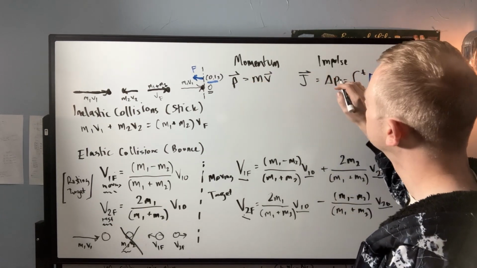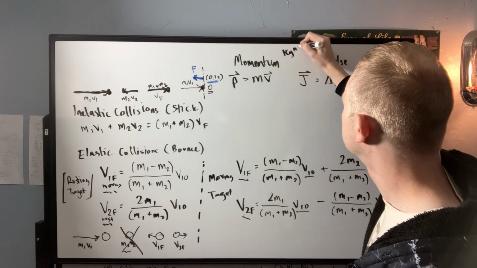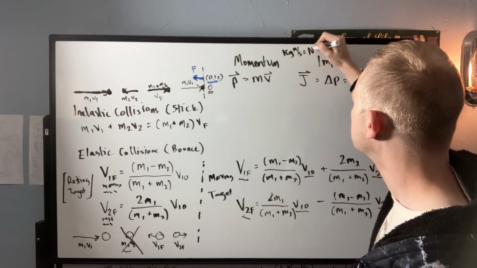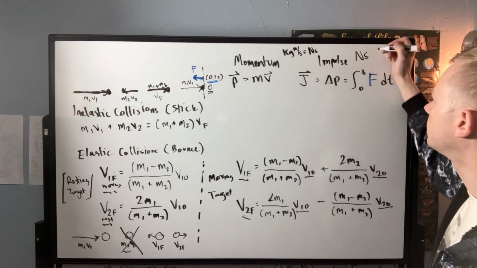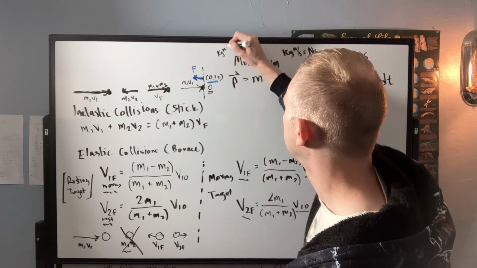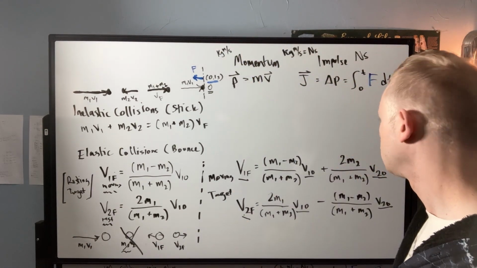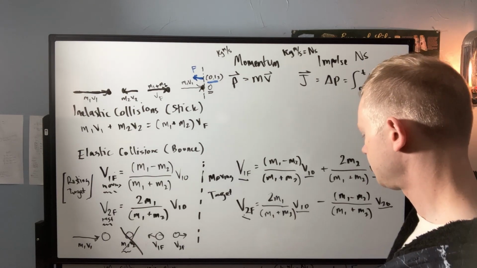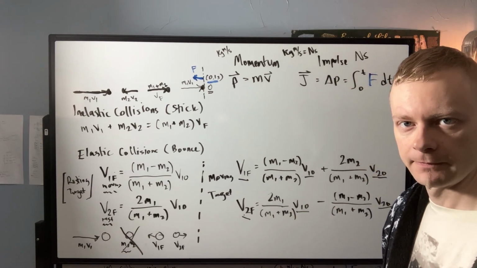Both of these are in kg meters per second, which is the same thing as a Newton second. Usually the impulses are in Newton seconds, and the momentums are in kg meters per second. That's just the units of measurement that we use here. And so this is basically how impulse works with momentum.